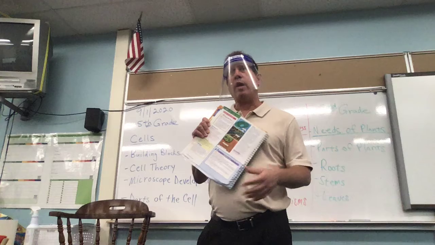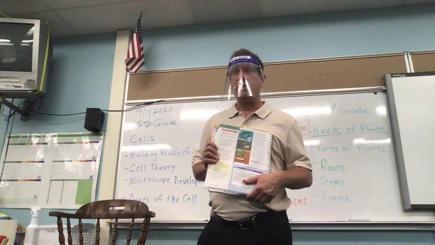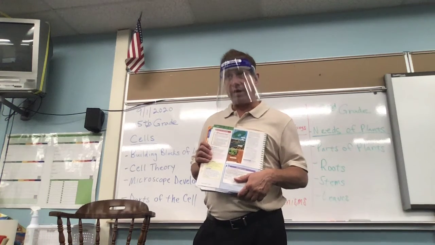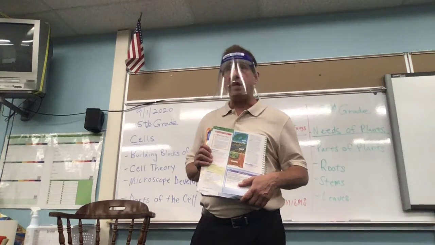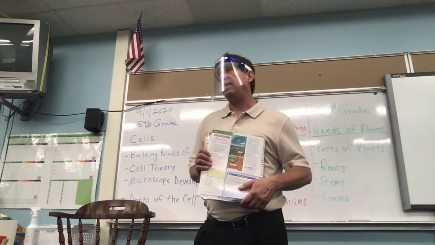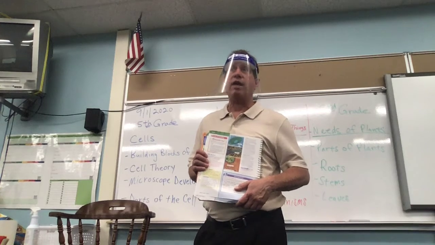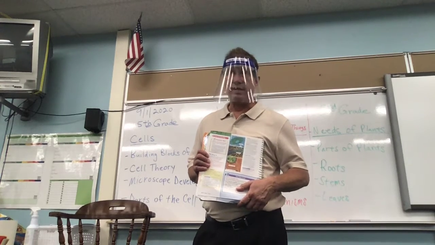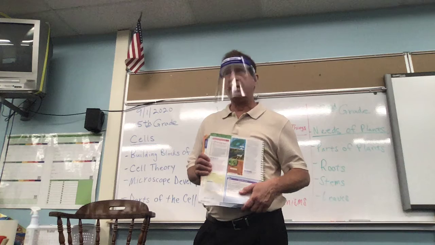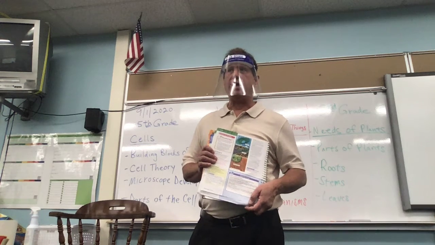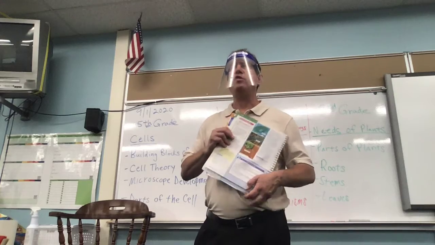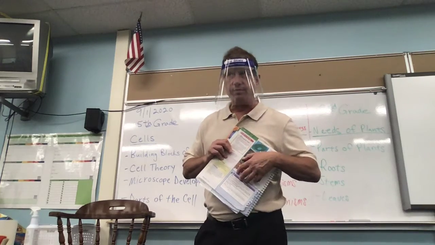And on your journal entry where it says start typing here, just put a page number and summarize the page. Pick one of these words, tell me a little bit of what it's about, and if you want to, you can make a note and say the internet was not working. Does that make sense? We have 2 internet systems and one of them's down today. So if you're having internet problems, you can always summarize from your textbook.